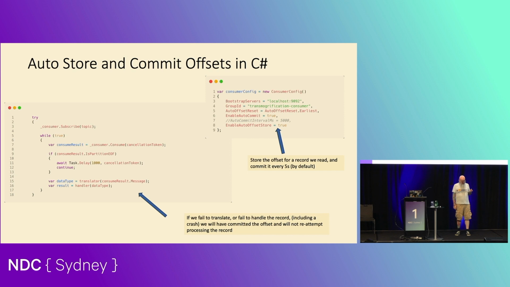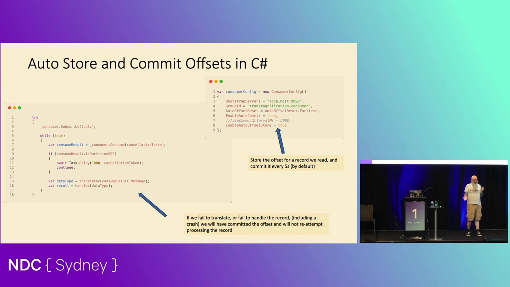Okay. The problem with that is this, right? If in this code, at the point where I consume, I am storing the offset, which is then in the background going to get written. If I fail in the translator or handler step, that offset's already been written and I can't retry that work.